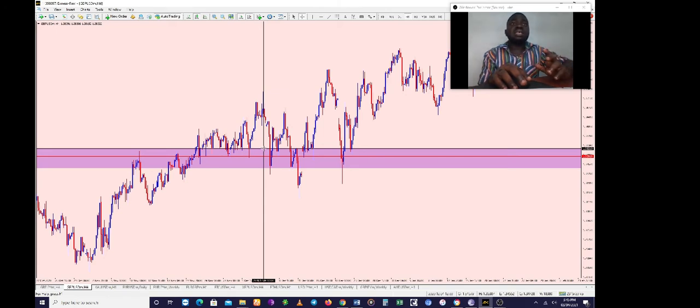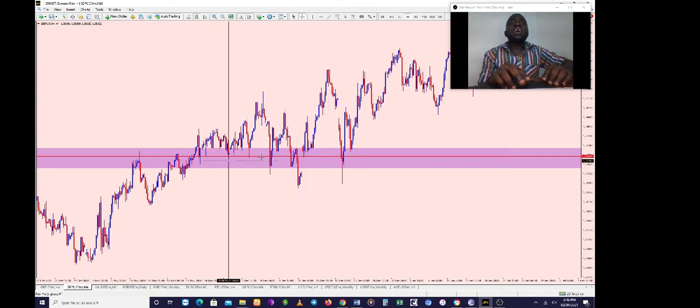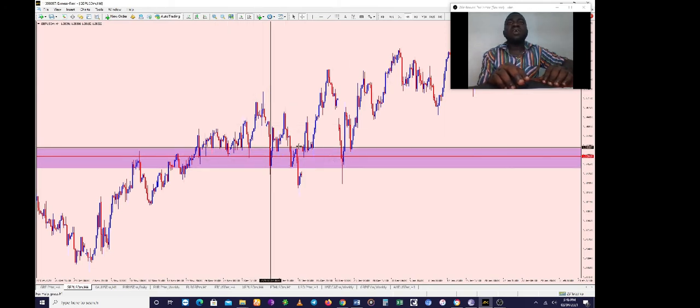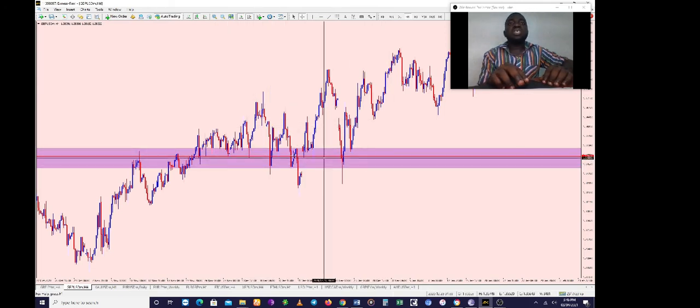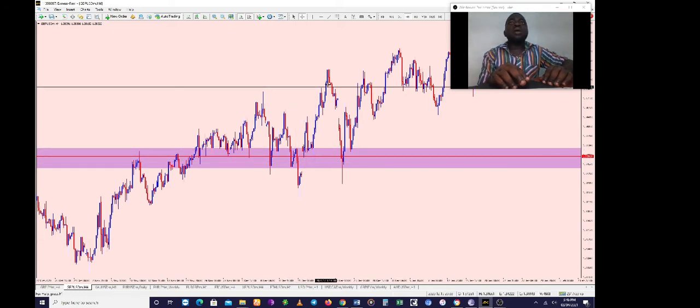Right from here out to here, the market was playing this zone, which is serving as a support, within almost an 80 pip range. So here it becomes very emotional and very psychological to make a trade decision, because you wouldn't know whether the market will bounce down or bounce up.